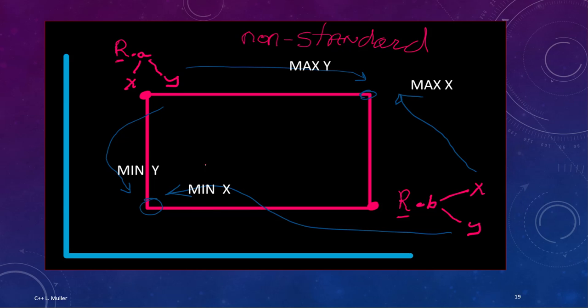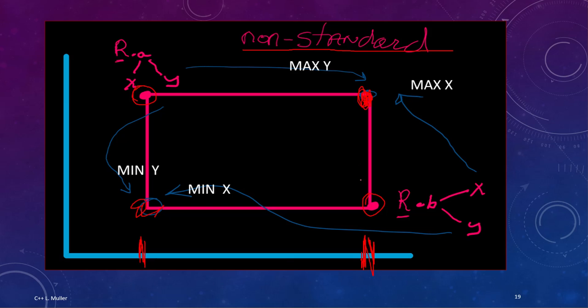But what if they gave it to us in non-standard form? Ouch. Maybe they gave me this point and this one. Uh-oh. So what we could do is take, it doesn't matter what the points are, we need to get this thing up here and we need this one down here. So we could take the original x, the biggest x, remember there's going to be an x on both sides.